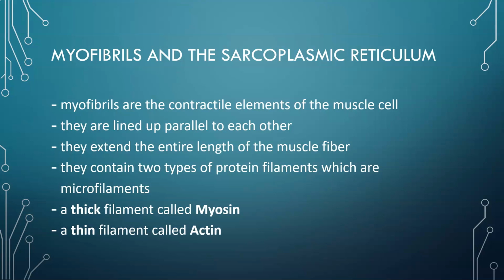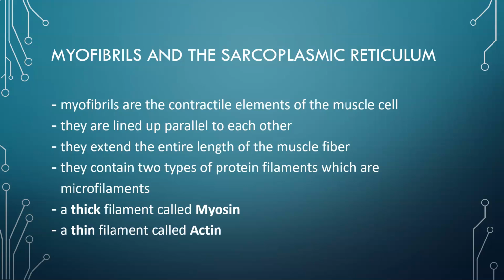And these are known as myofibrils, and they are the contractile elements of the muscle cell. So the muscle cell is a myofiber, and these small thin filaments, as compared to the muscle fiber itself, are smaller, therefore they're called myofibrils.